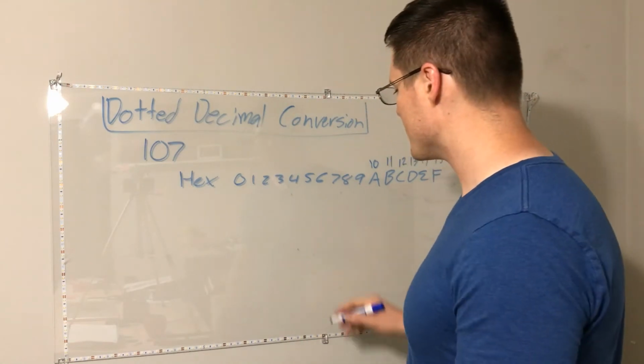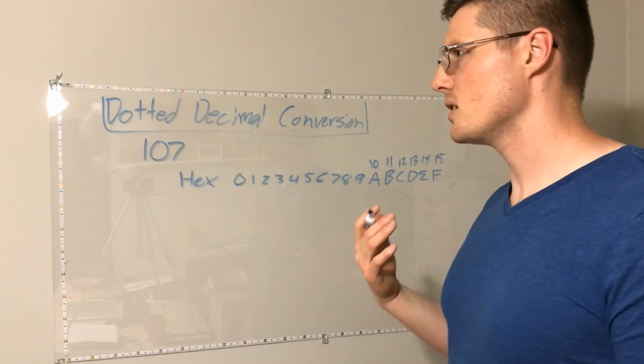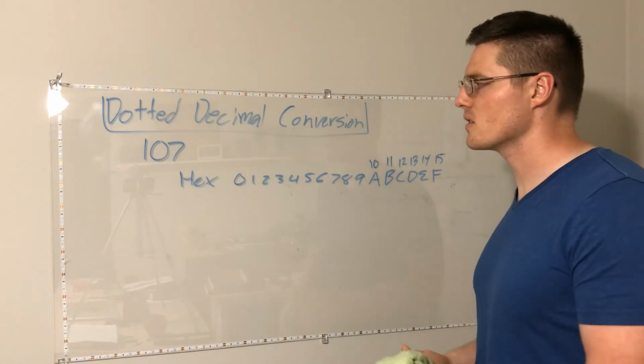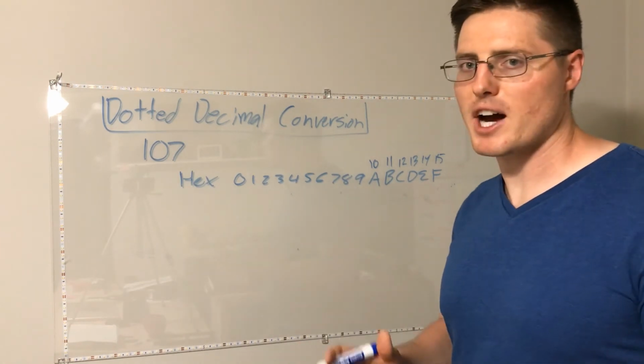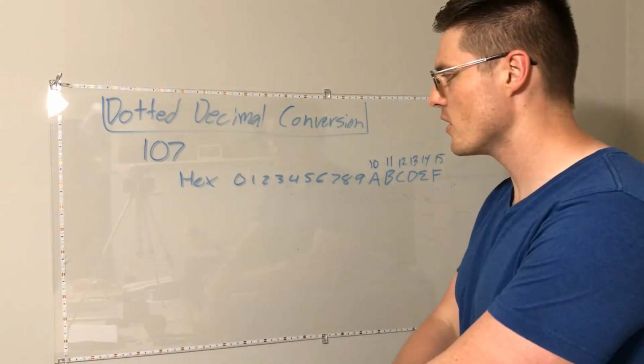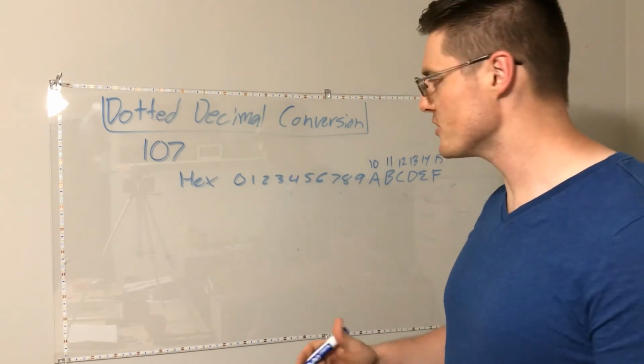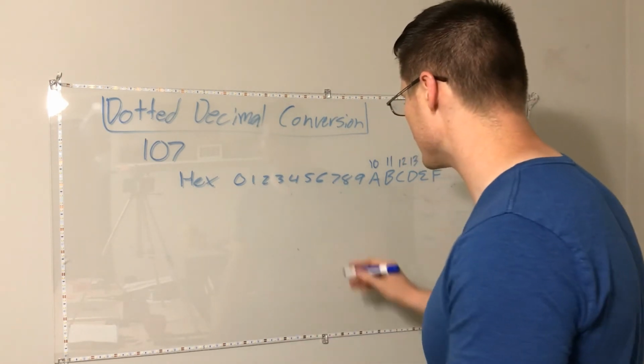And what's important to note for IPv6, just like when you're looking at decimal and when you're looking at binary, is that you can essentially decompose the number into different powers associated with whatever base you're using. So in this case, we're using base 16.